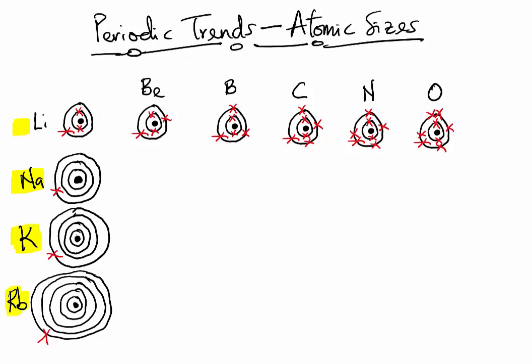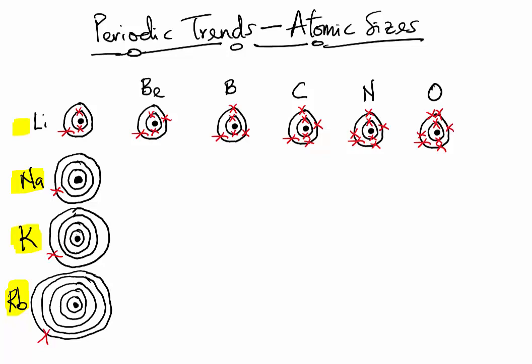And rubidium in period number 5, 5 energy levels. Visually, we can immediately see that as you go down the group, the size of the atom will increase. The question is why?